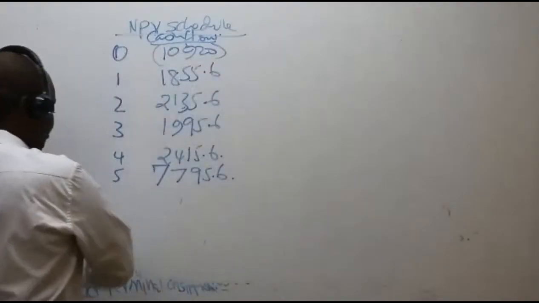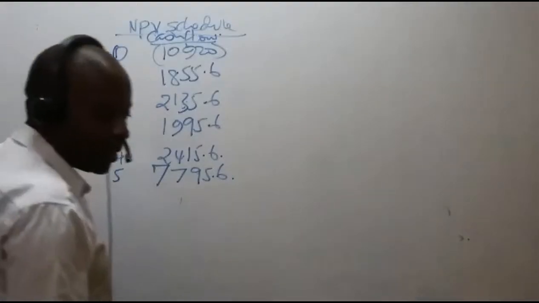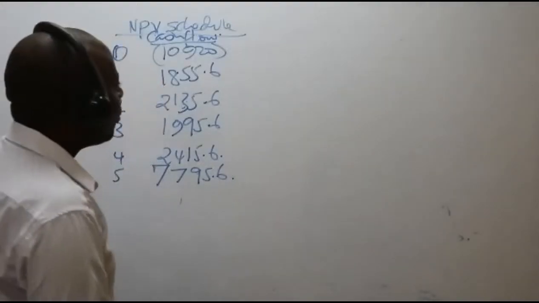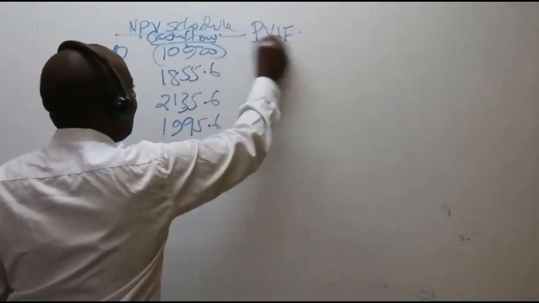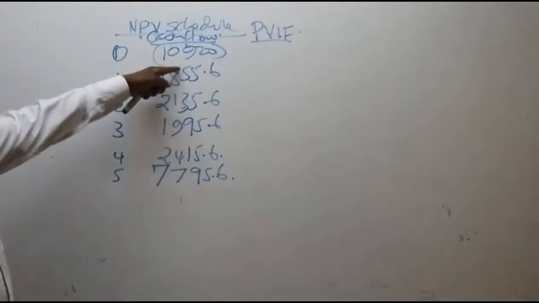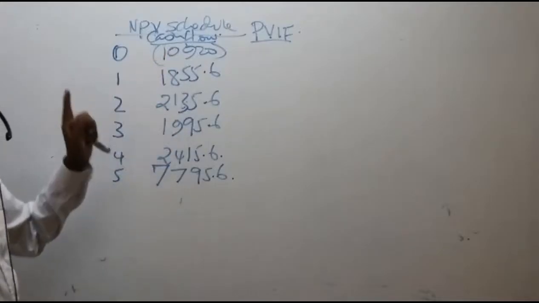Now, ladies and gentlemen, after that, what do we do? Come right away here and discount. We are discounting using the PVIF, because you can see these cash flows are irregular, so we use the present value interest factor.